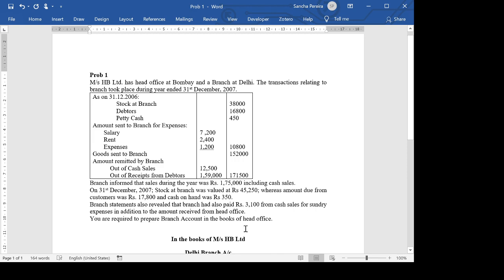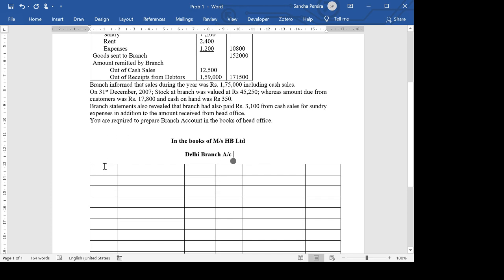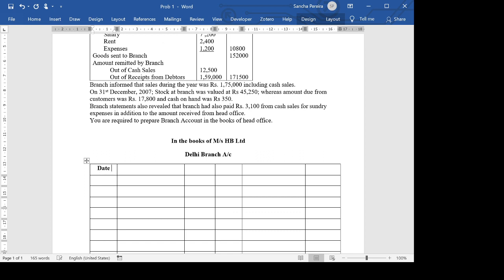Delhi branch account. Now these are the columns that we have: date, particulars, amount. Now, the date column, even though I put it in this problem, may not be very important in most problems.